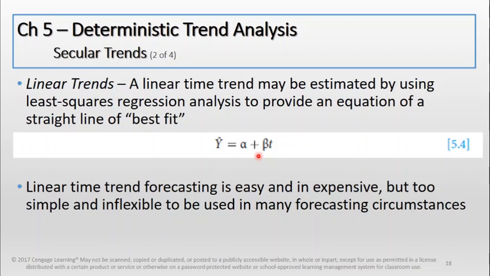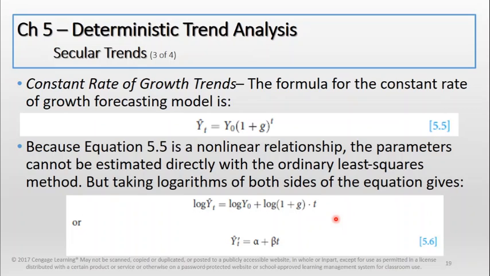So linear trend forecasting is easy and inexpensive, but too simple and inflexible to be used in many forecasting circumstances. So it cannot be applicable to all kinds, di ba? Since it is simple. So in this case, we can make use of the constant rate of growth time trends.